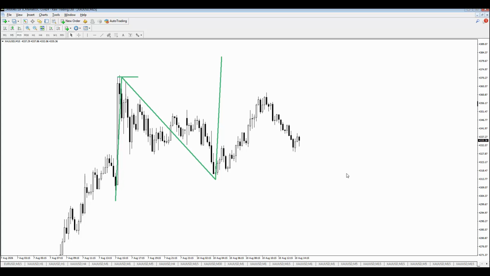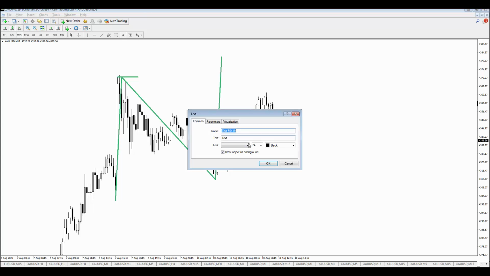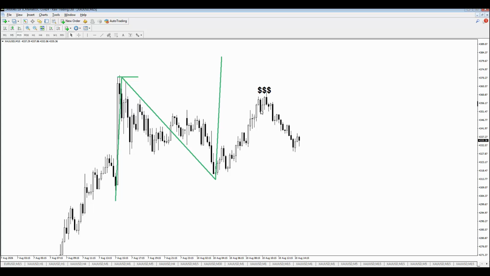So what do we have on this chart that could maybe help us? Well, I can see this straight away. We've got liquidity sitting up here, so I'm going to put that liquidity there. We've also got liquidity sitting here.